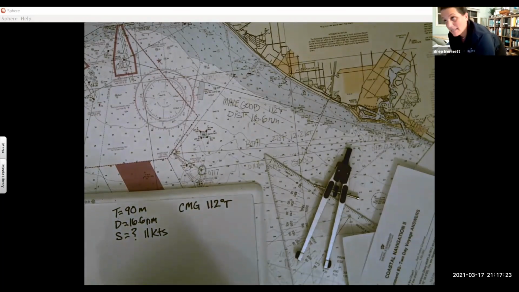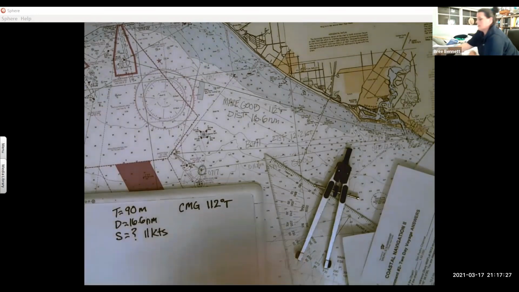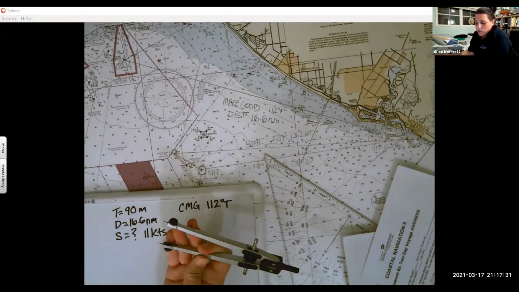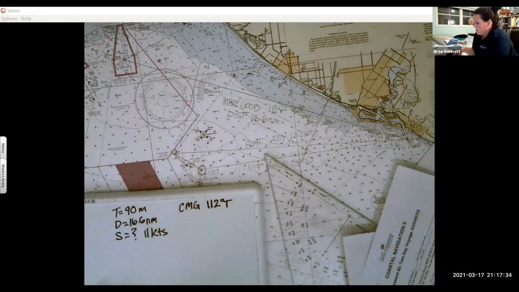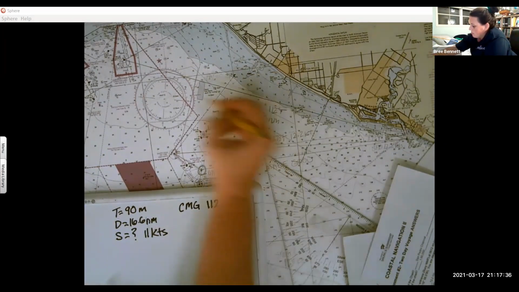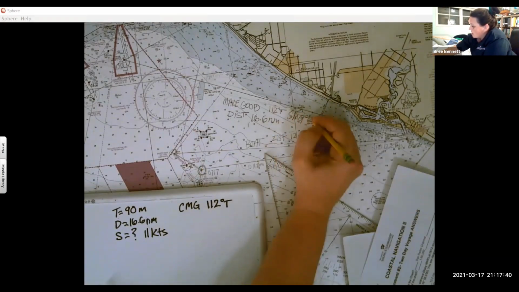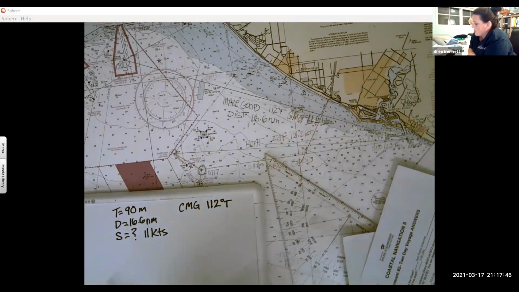From my past experience on this page, my dividers will not reach 11 knots. So I'm going to write this in: my speed made good is 11 knots. So I want to cut that in half in order to make my vector triangle.